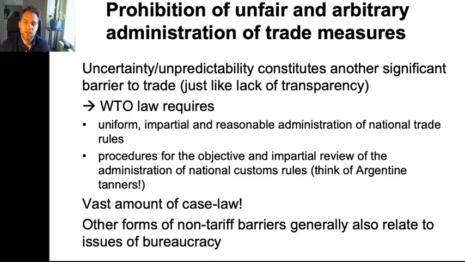What does that mean? If those who are affected by foreign competition get to decide whether to admit and to what extent to admit foreign competitive products, as you can imagine, they will have an obvious bias, they will have their own interests in mind, and that would also go, among others, against the rule of law provision in GATT Article 10.